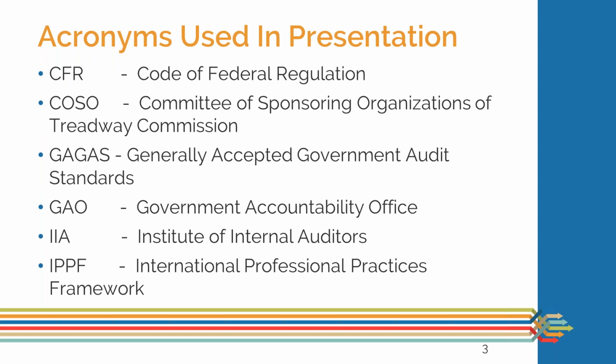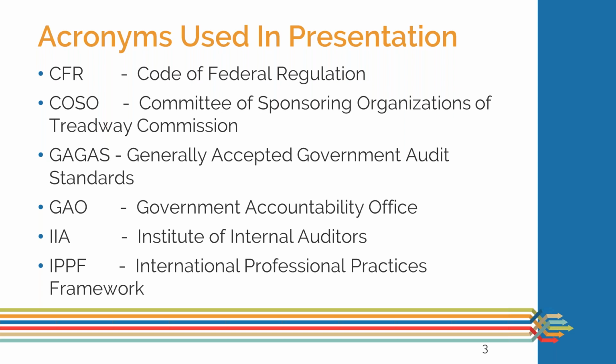Our acronyms for today naturally would be the Code of Federal Regulations. Committee of Sponsoring Organizations, the COSO, is one of the guiding forces for internal control, both for the private sector, the corporations, and the public sector for grants and everything. We also have GAGAS, which is Generally Accepted Government Auditing Standards, which are used by the Yellow Book, by the auditors.